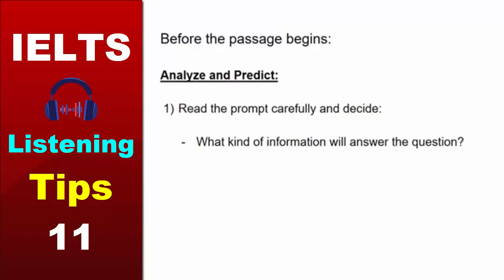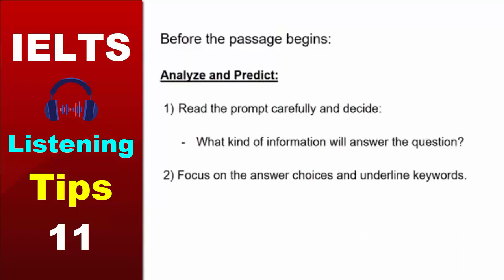It helps to underline or even write notes beside each question to indicate what you're supposed to listen for from the speaker. But you also need to focus on the answer choices and underline keywords for those. Each one will contain some information that will tell you whether or not it fits what the speaker says, and it helps to know what to listen for before the passage begins.